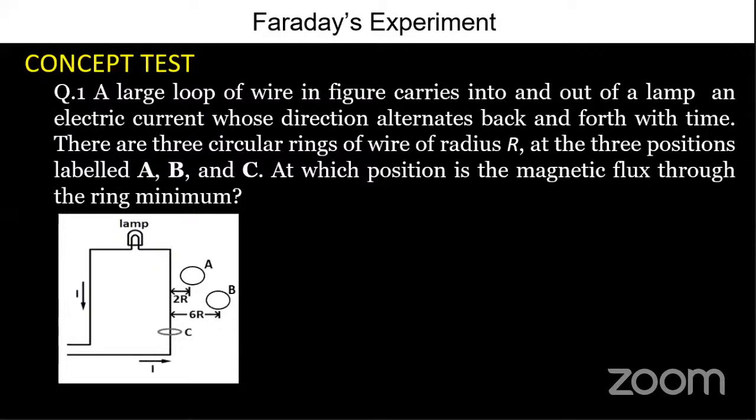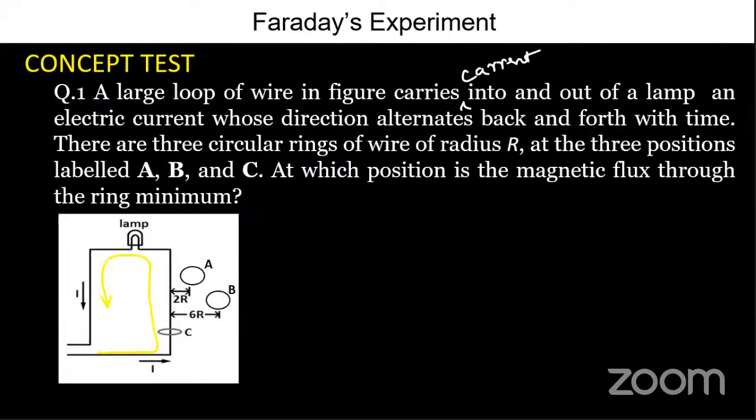I'll read out the question for you. A large loop of wire in the figure carries current into and out of a lamp. So there is some current flowing into and out of the lamp in a closed loop.